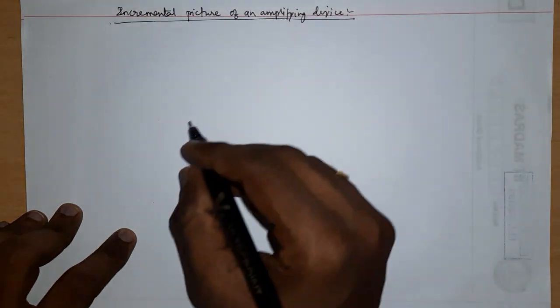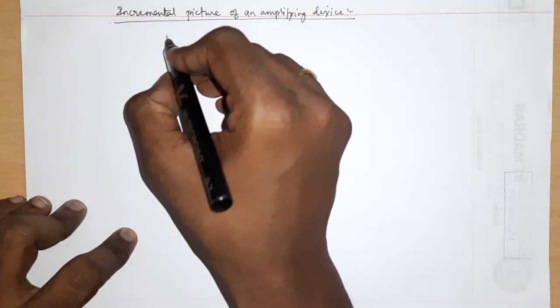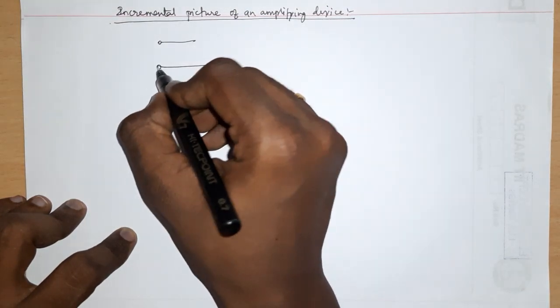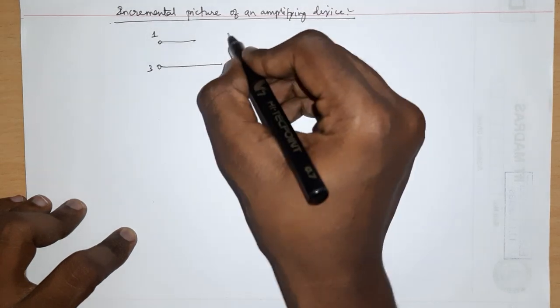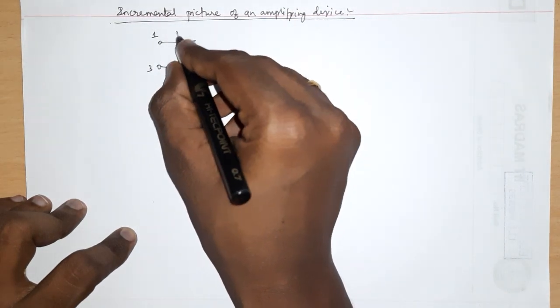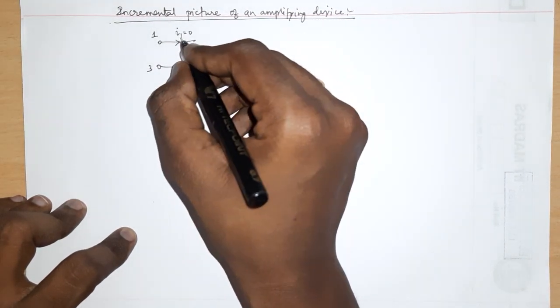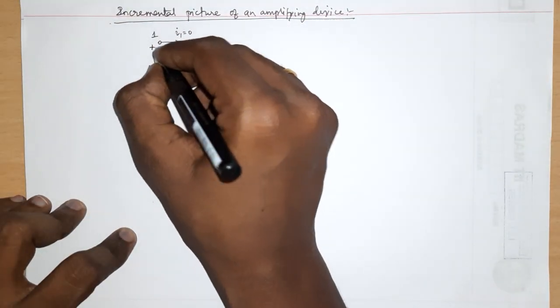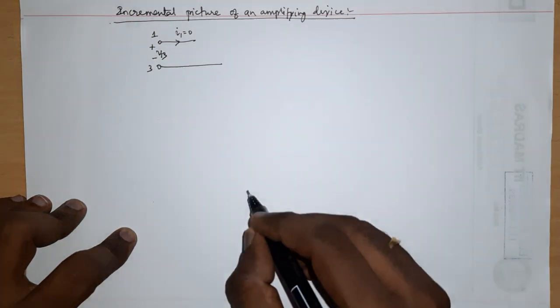It's a 2-port device that we are talking about. So it looks something like this. This is port 1, port 3, and I1 is equal to 0. This small i basically means incremental quantities, and this V13 is also an incremental quantity.